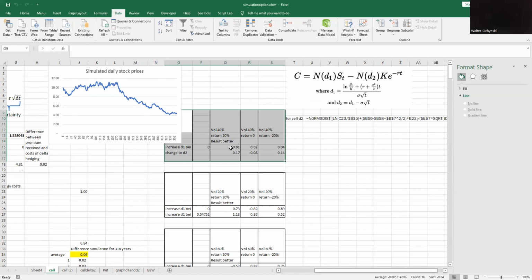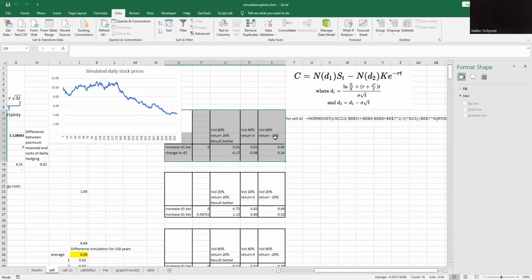on average over 318 years, the results are better by 1 cent. When we keep the volatility the same, but reduce the return to 0, the results on average will stay 2 cents better than what we obtain per premium.